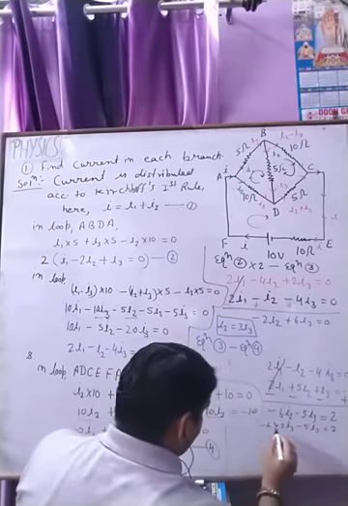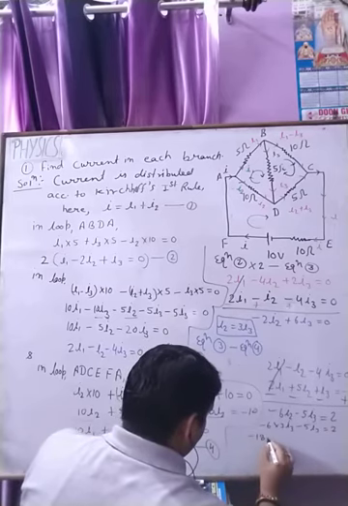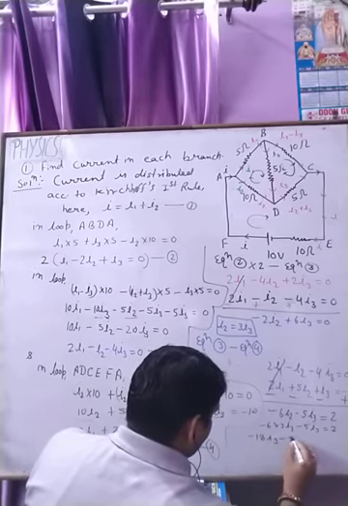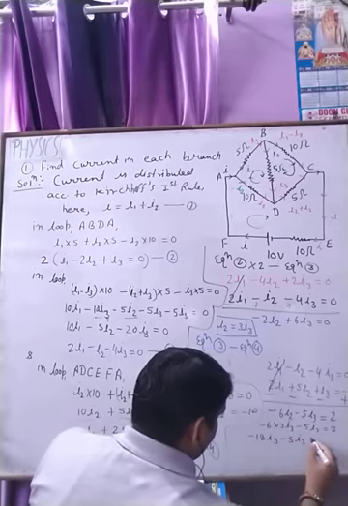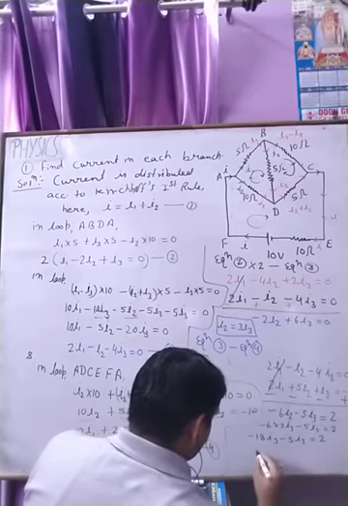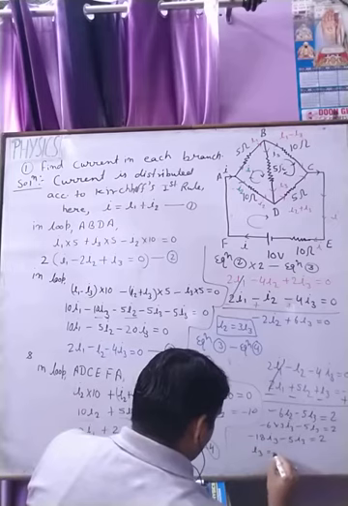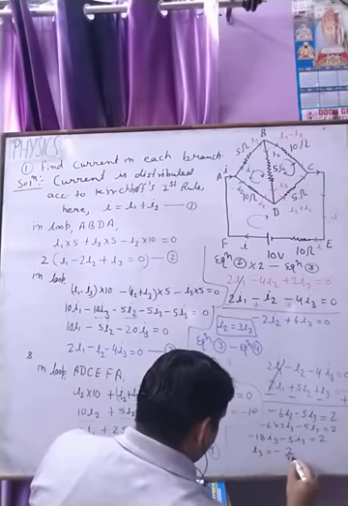On solving we get minus 24I3 minus 5I3 equal to 2. So it is I3 equal to minus 2 by 23.